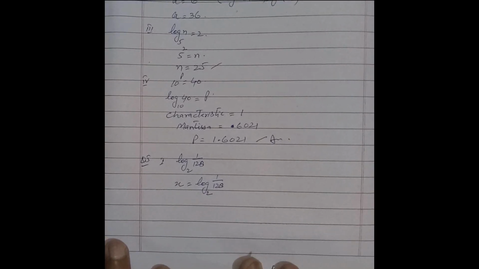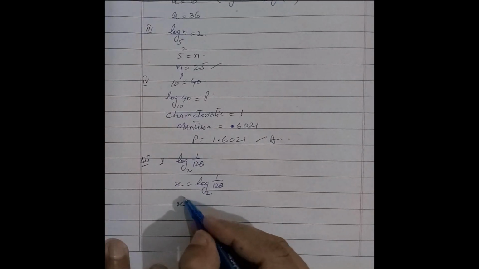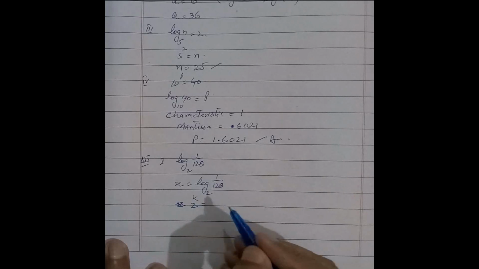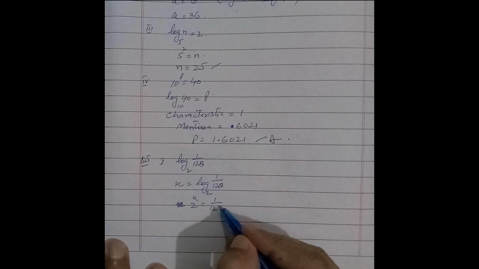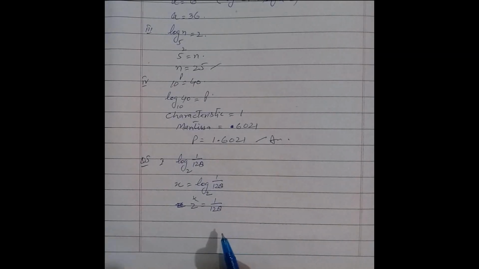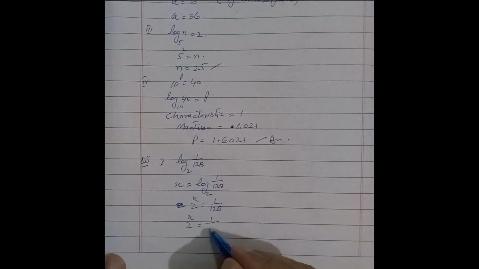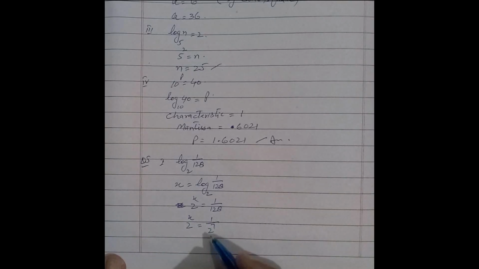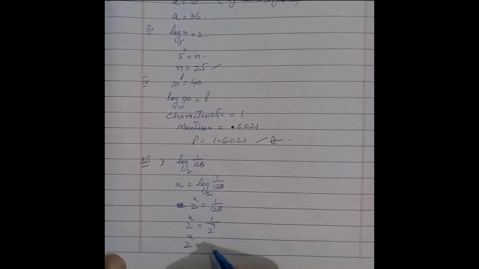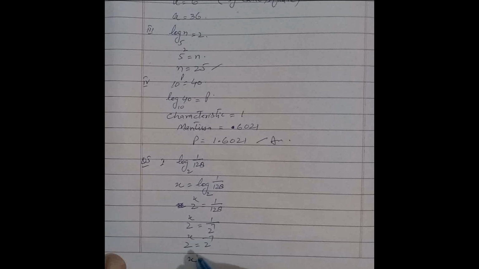When we write it in exponent form, 2's power x is equal to 1 over 128, and we take the factors of 128, which is 2's power x is equal to 1 over 2's power 7. We shift 2's power 7 to the numerator position, so we have 2's power x is equal to 2's power minus 7. The base is 2, so the power is the same, x is equal to minus 7.